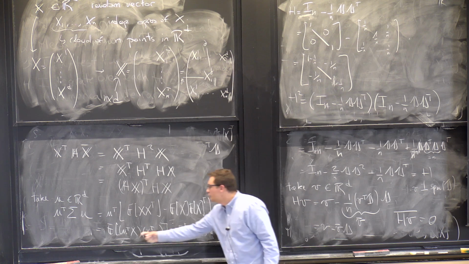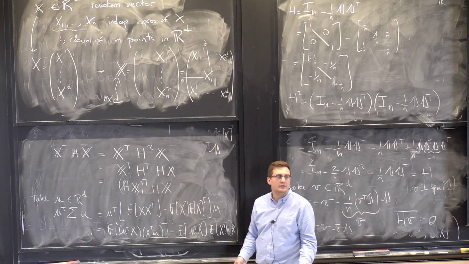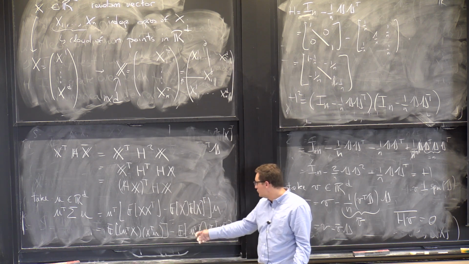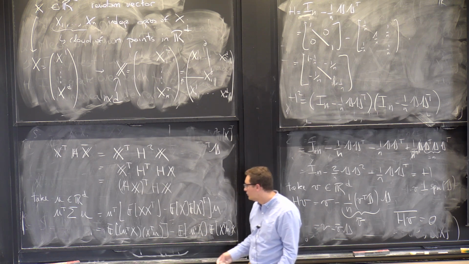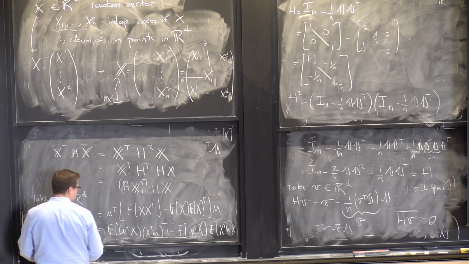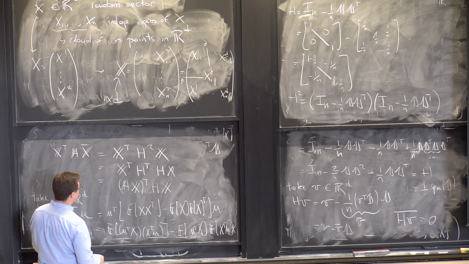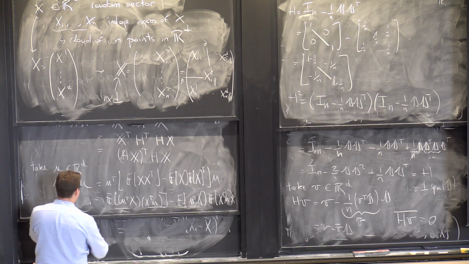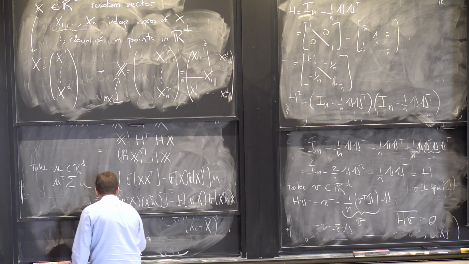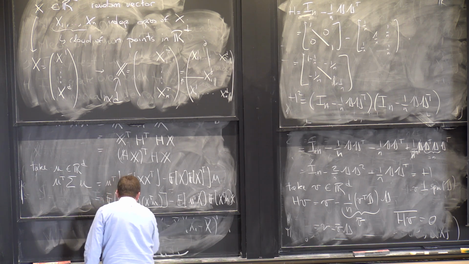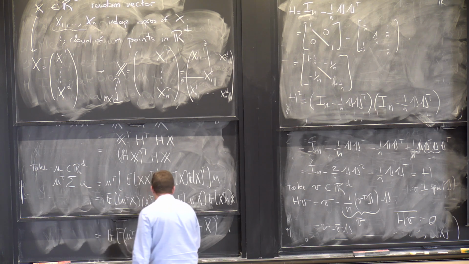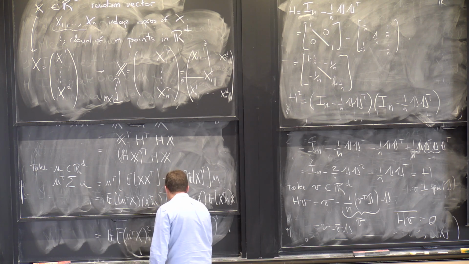Of course, u transpose x is equal to x transpose u. So what it means is that this is actually equal to the expectation of (u transpose x) squared minus the expectation of u transpose x, the whole thing squared.